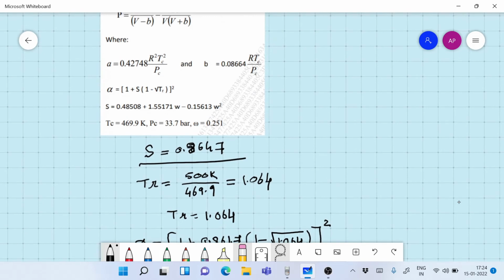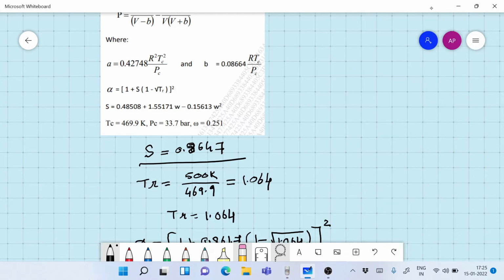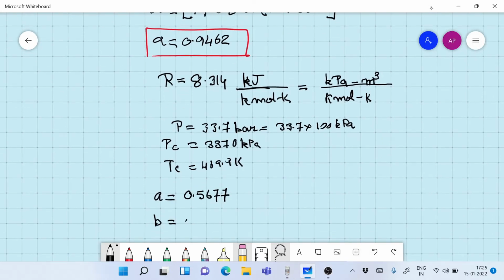Now we calculate the value of B. The value of B is going to be equal to, trusty calculator out, 0.08664 multiplied by 8.314 into 469.9 divided by 3370, and that's equal to 0.1.